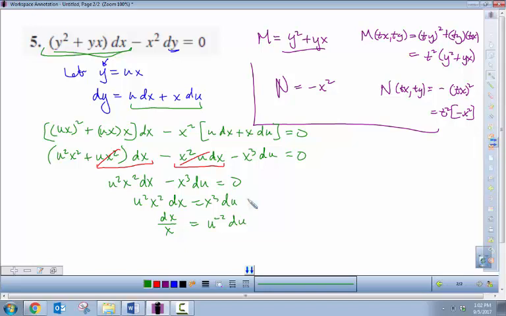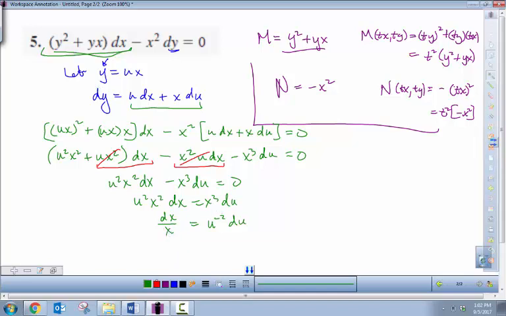I think we're looking pretty good here. We can actually solve this differential equation. Now, we probably want to solve for u, and when we solve for u, we put it back here and get y by itself.